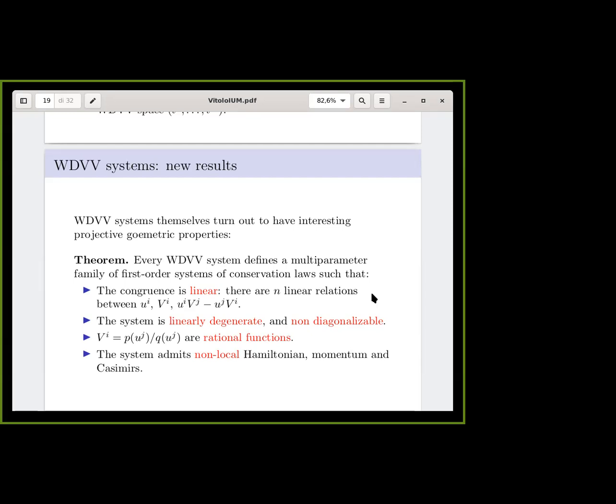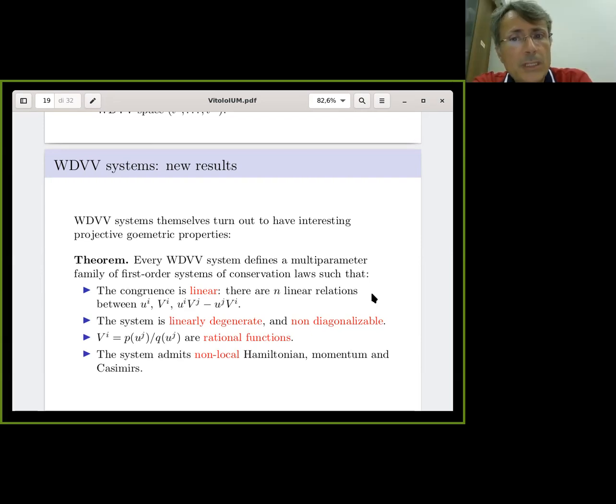So when you say every WDVV system, you are speaking about two systems. I am speaking about two systems, their orbits, and this means every possible WDVV equation, because these two orbits give you all possible values of theta.